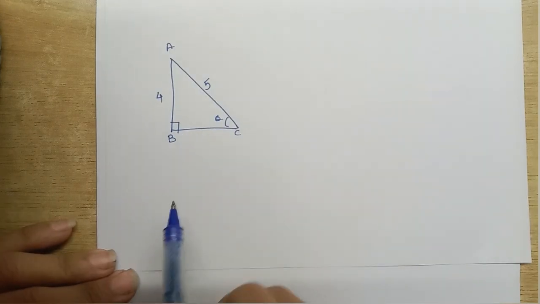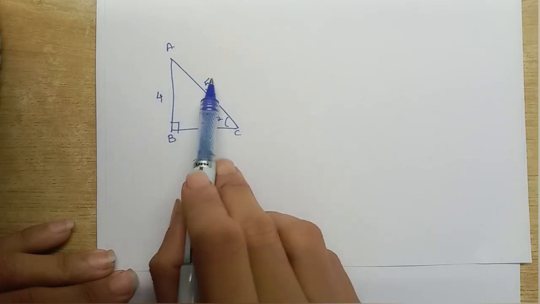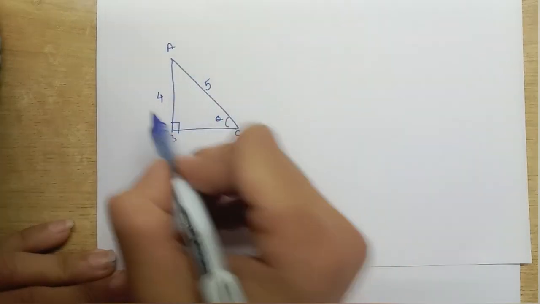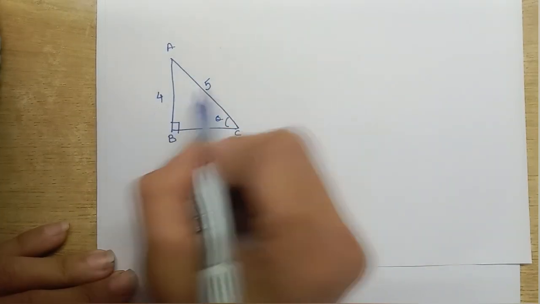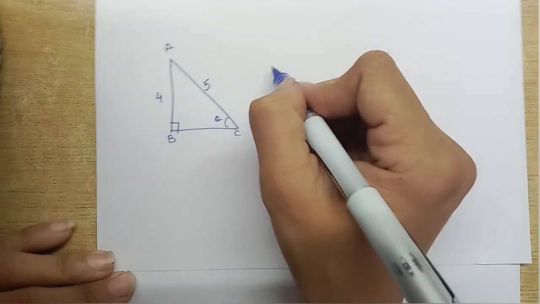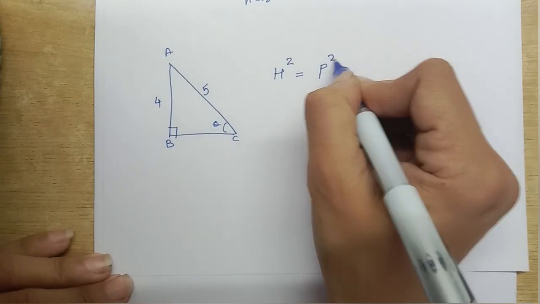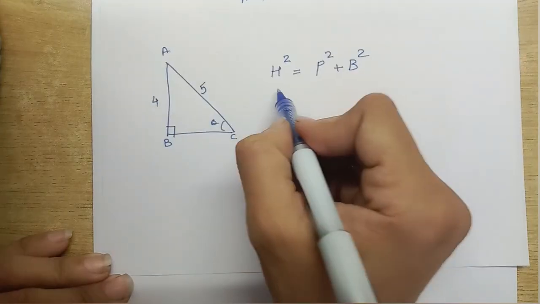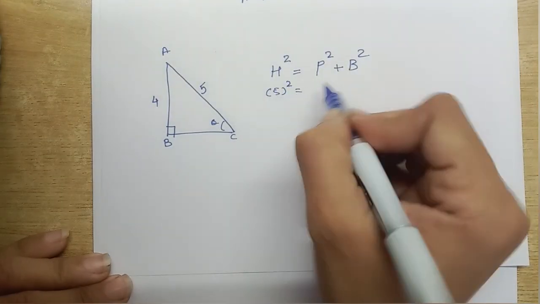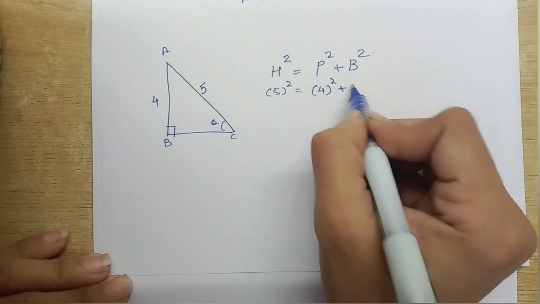To find the ratios, we have to find all 3 sides. Here the height is given as 4 and the hypotenuse is 5. As per the Pythagoras theorem, hypotenuse square is equal to perpendicular square plus base square. So 5 square is equal to 4 square plus b square.